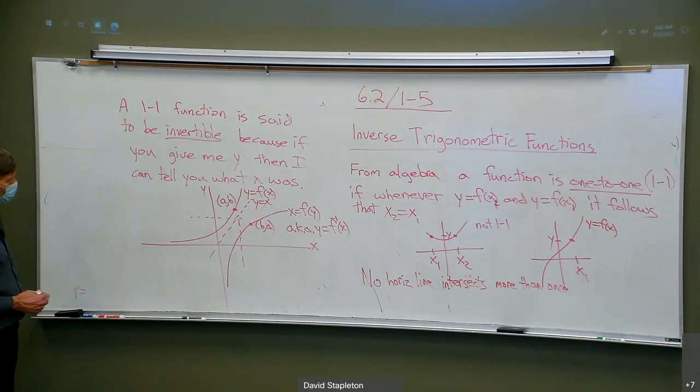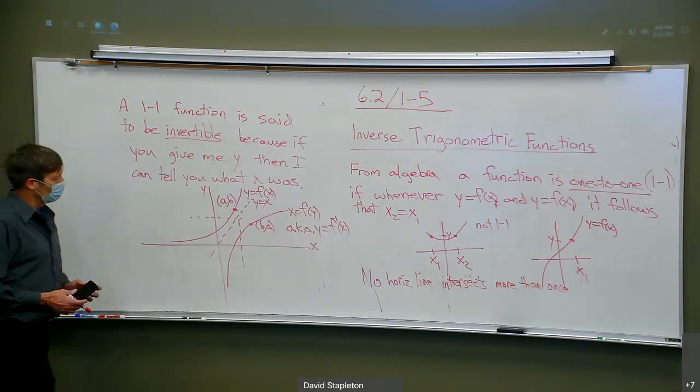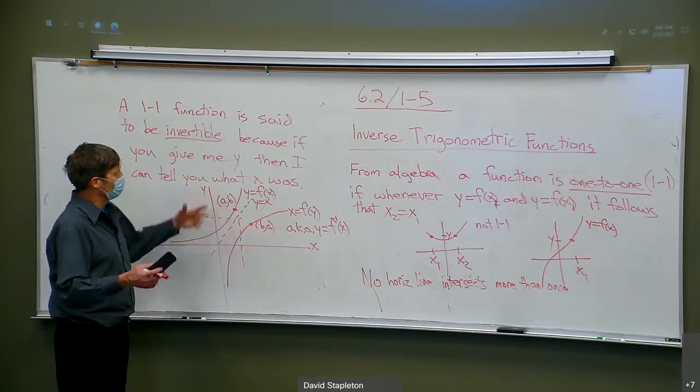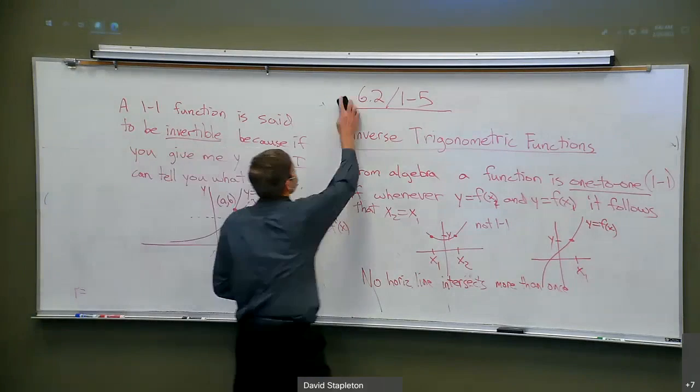It's kind of complicated, but it really makes sense if you think about it. When you want to undo a function, all you have to do is flip it over the line y equals x, then you can plug in y and get back x, right? Or the original function.